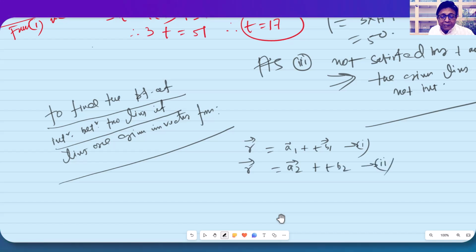Concept remains the same. If they intersect, they have a point of intersection. So I will take a point on the first line. This is going to be A1 plus TB1 only, equal to A2 plus SB2, and I simplify the result. You take the two equations, both in this form.